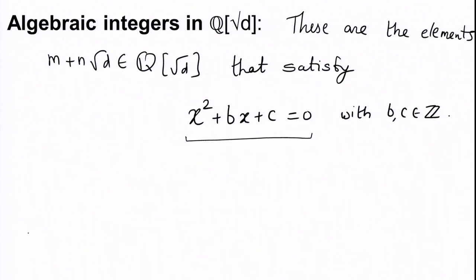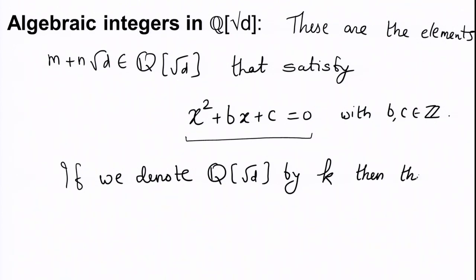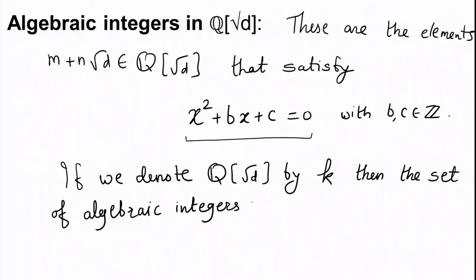The set of elements which satisfy these type of equations are inside some very special set, and if we denote Q root D by this letter K, then the set of algebraic integers in K is denoted by this symbol O_K.